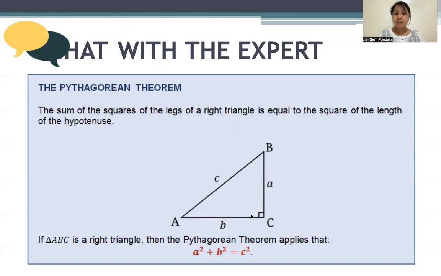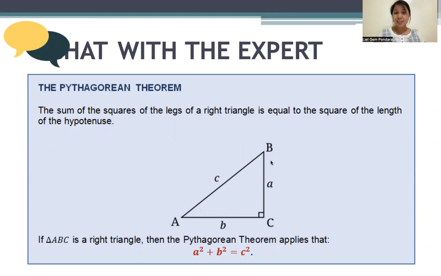The sum of the squares of the legs of a right triangle, that's a squared plus b squared, is equal to the square of the length of the hypotenuse, that's equal to c squared.